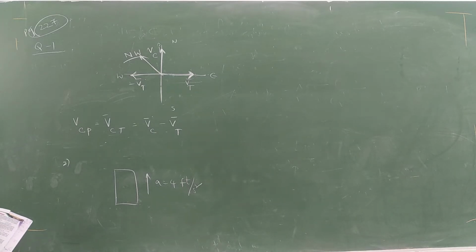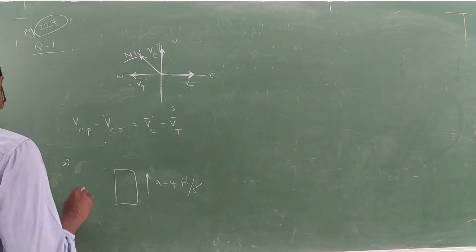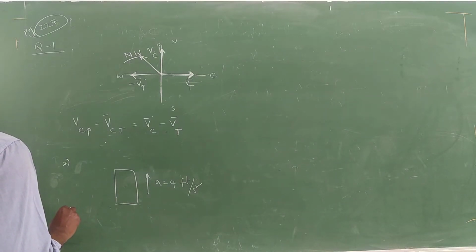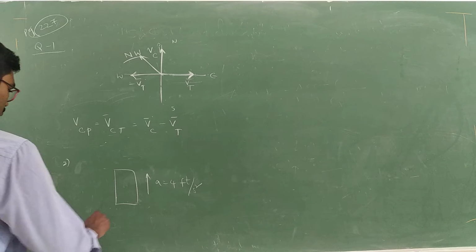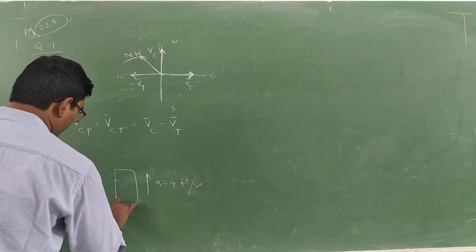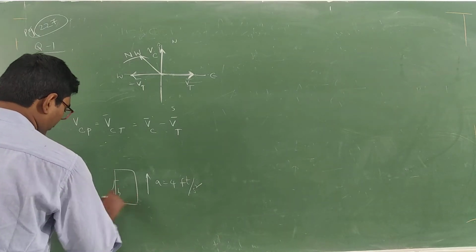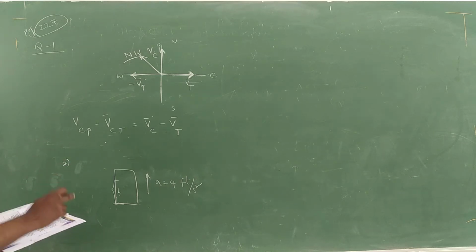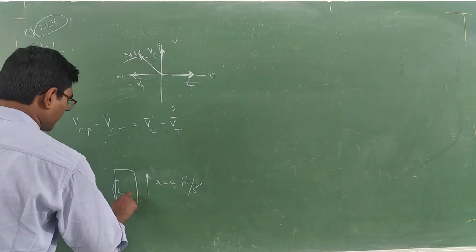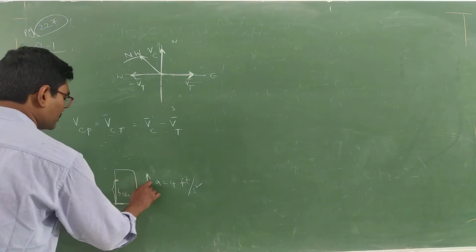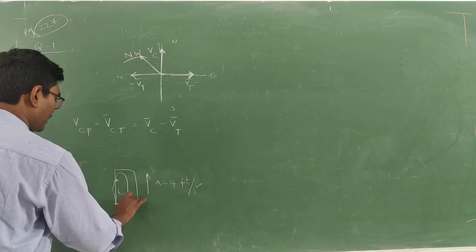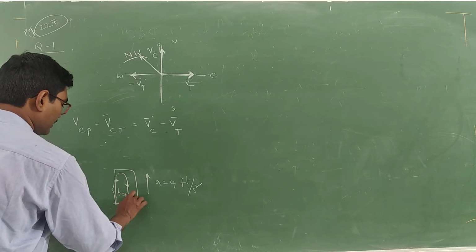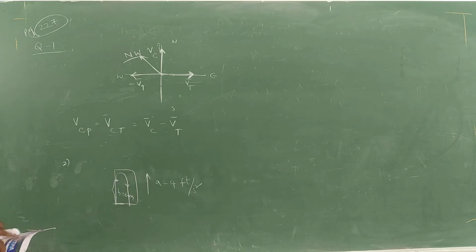At the same time, a bolt falls from the ceiling 6 feet above the floor. So, you just assume this is the height from where the bolt is detached, height equal to 6 feet. Since the lift is going in the upward direction, the bolt will go up along with it for some time and then immediately fall down.